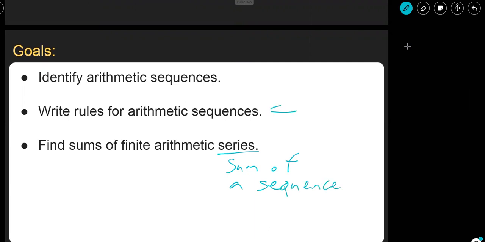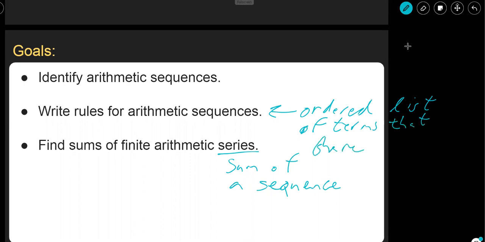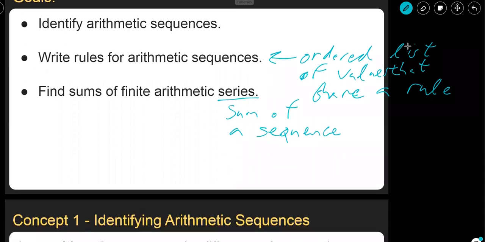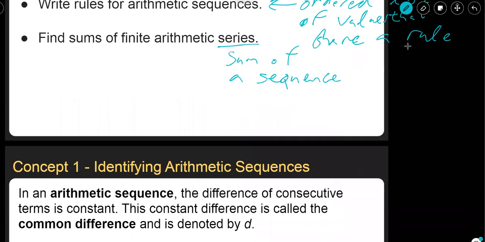And a sequence is just an ordered list of values that share a rule. They all share the same rule. Pardon the handwriting, I'm apparently in my extra bad handwriting mode.